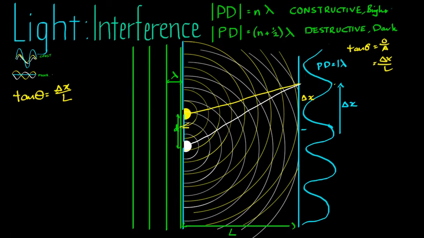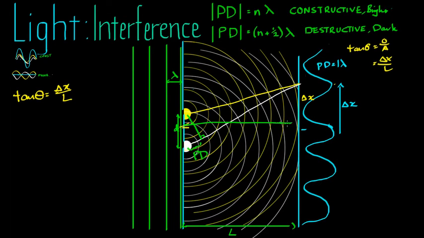If I drop a line here that sits at right angles to this path here, then this little side length, what I'm circling, that is the path difference. That is the extra distance the path from point source 2 has to travel compared to the light from point source 1. So this is the path difference.